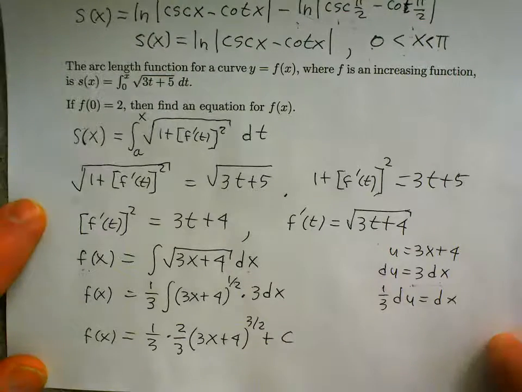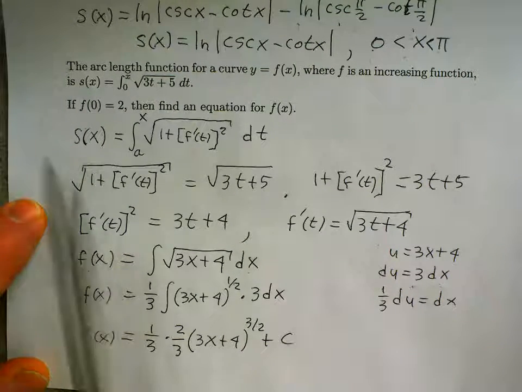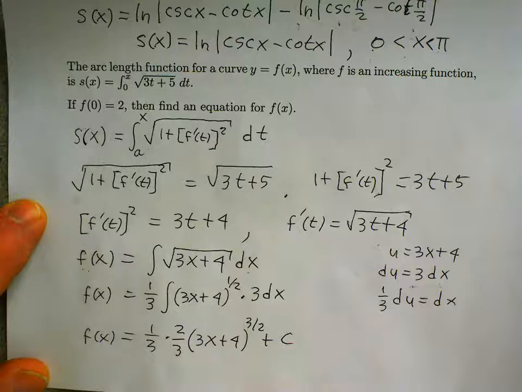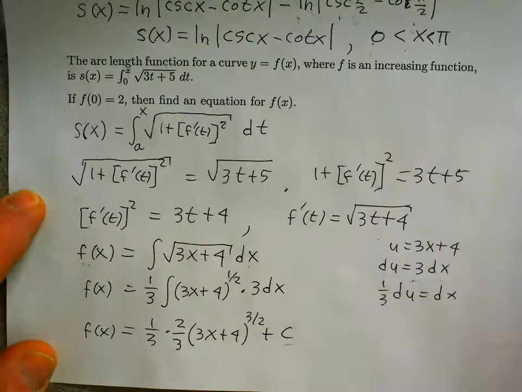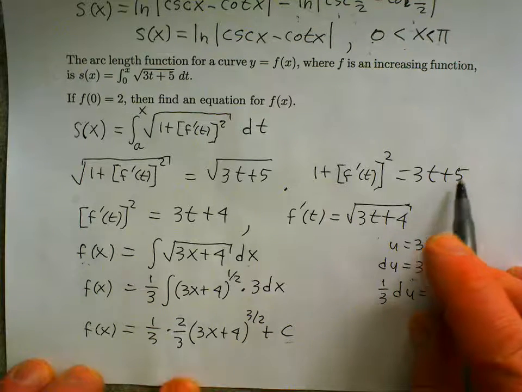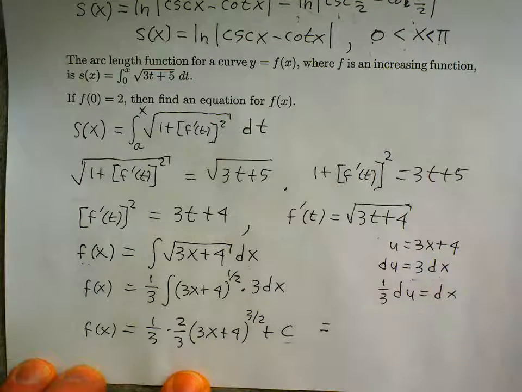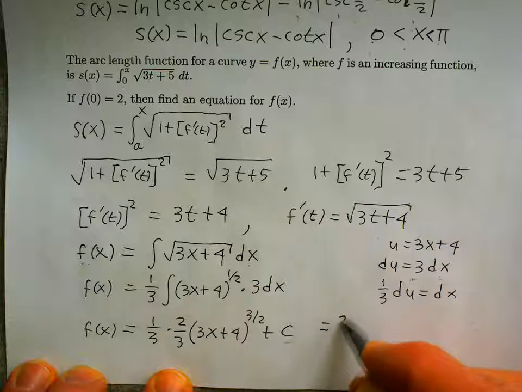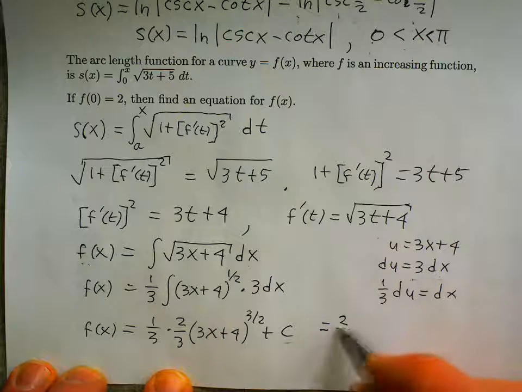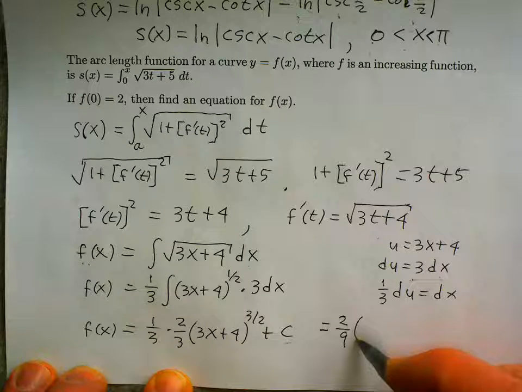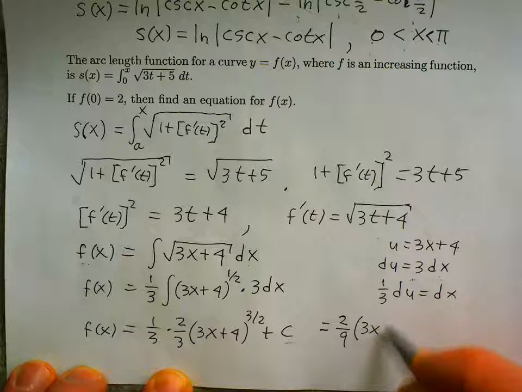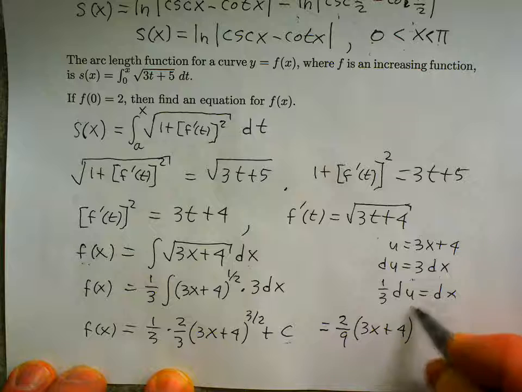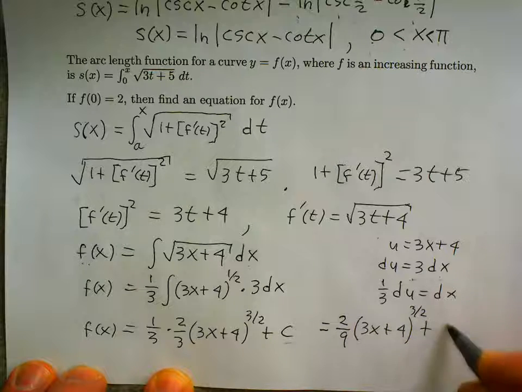We will use the initial condition f of 0 equals 2 to determine what the value of c is. Okay, so we'll simplify this a little bit. 1/3 times 2/3 is 2/9. And then times the quantity 3x plus 4 to the 3/2 plus c.